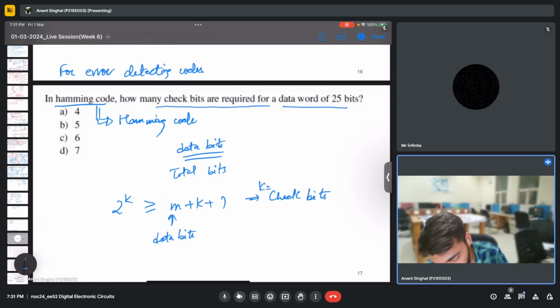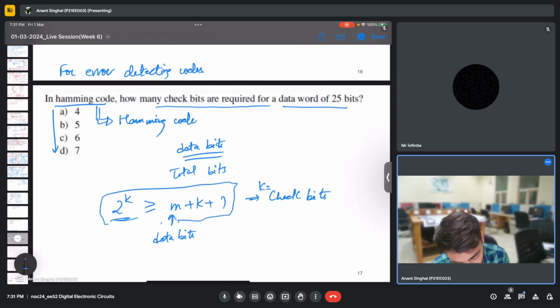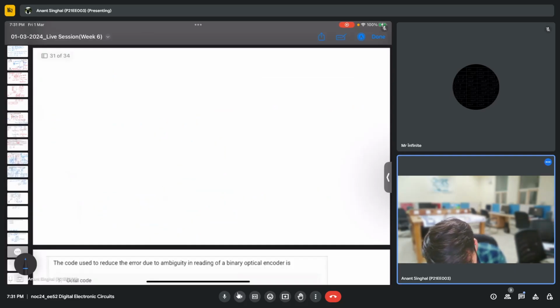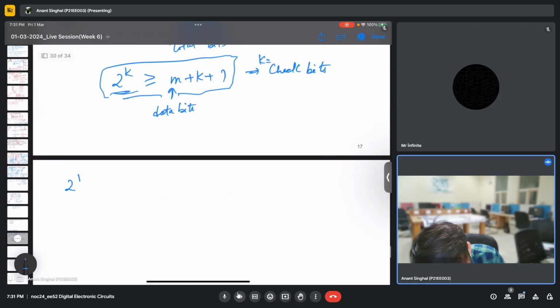So here we need to go from the minimum to the maximum option because of the power consumption criteria. Whatever minimum value will fulfill this condition will be the answer for the check bits required for the data word of 25 bits. So we'll start with 4. The relation is 2 raised to the power k greater than or equal to m plus k plus 1, and m is given to be 25 here.